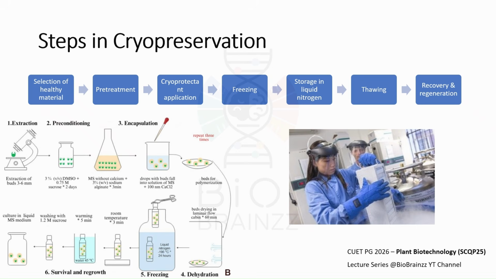Next, cryoprotectants such as DMSO, glycerol, or sucrose are applied to prevent damage caused by ice crystal formation. The material is then frozen, usually rapidly, and stored in liquid nitrogen. When needed, the sample is thawed carefully and transferred to fresh medium for recovery and regeneration.